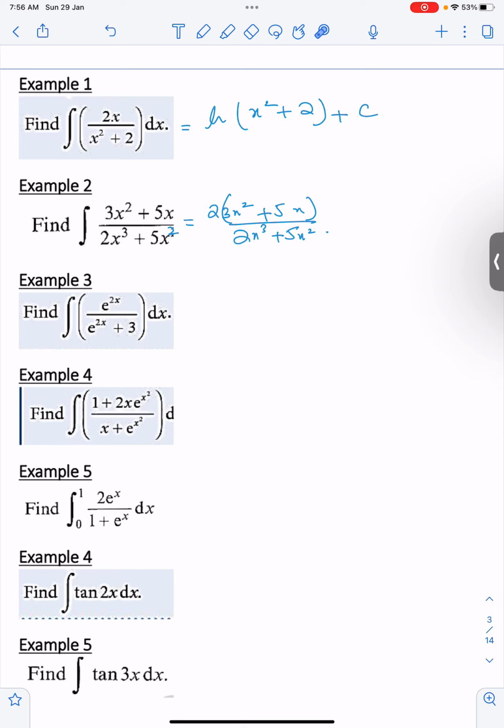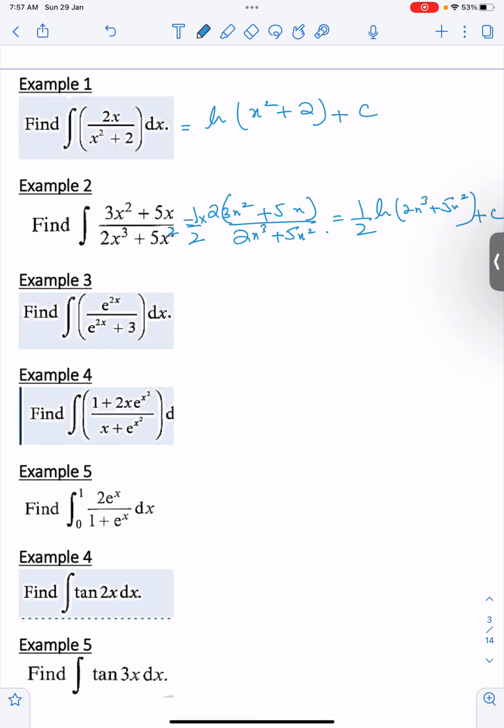Since you want to put this 2 here on your own, you have to cancel the effect of this by multiplying it by 1 upon 2. So the answer is going to be half ln 2x cubed plus 5x squared plus c. Since you've added this 2 on your own because it was not there, to cancel the effect of this, you have to multiply it by 1 upon 2.